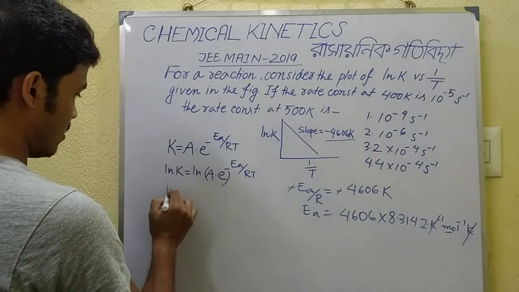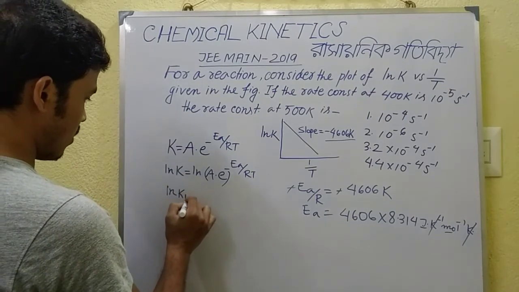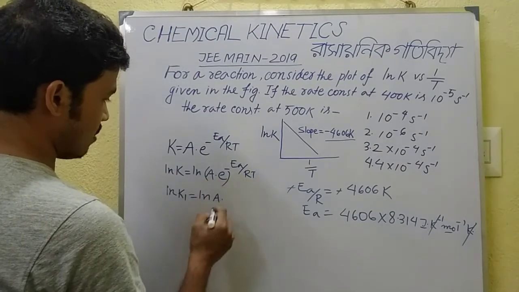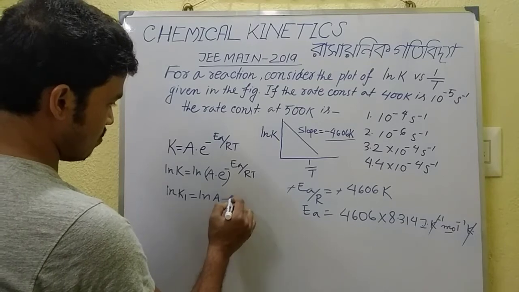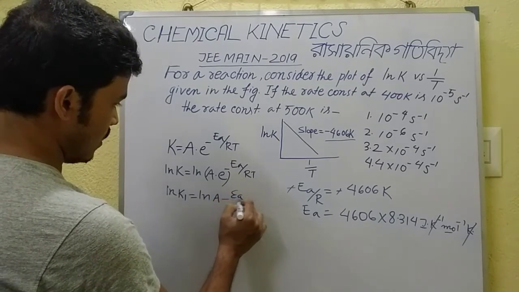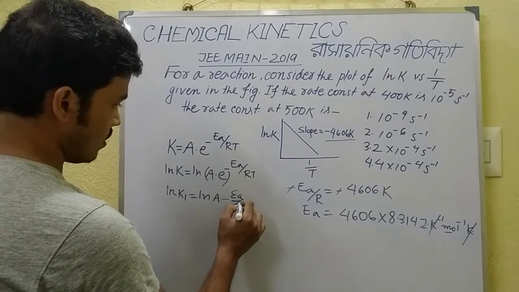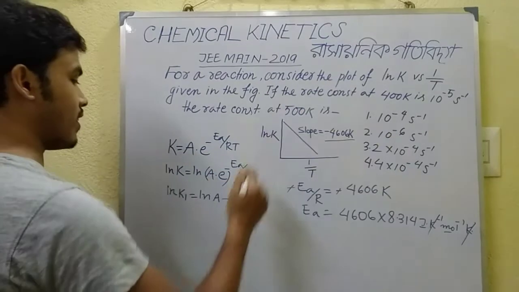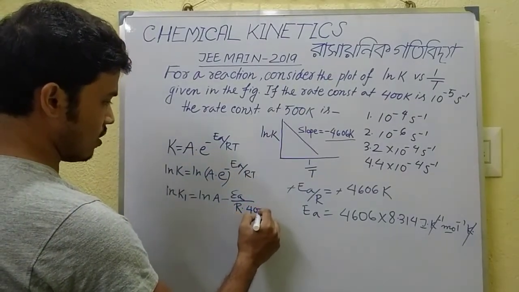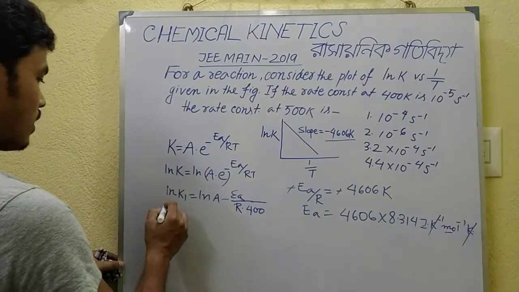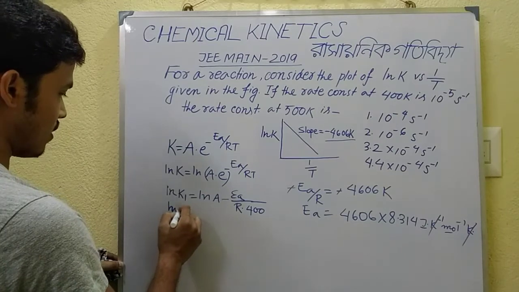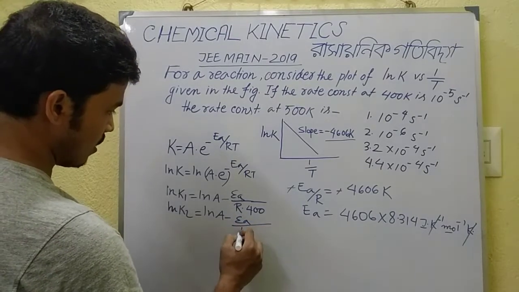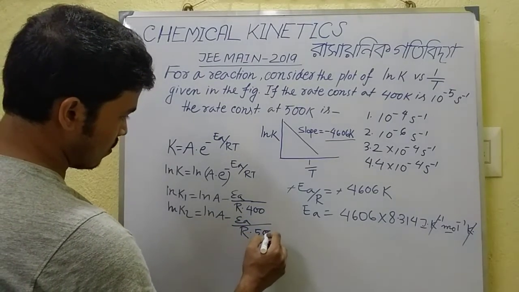We can write ln K1 is equal to ln A minus EA by R into 1 by 400, for 400 Kelvin. Now ln K2 is equal to ln A minus EA by R into 1 by 500.